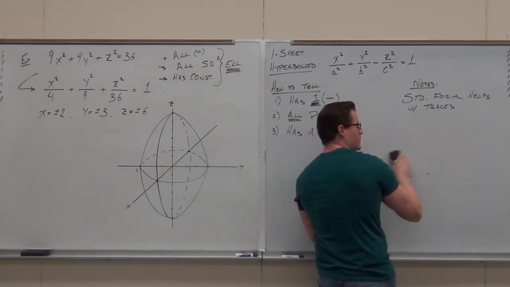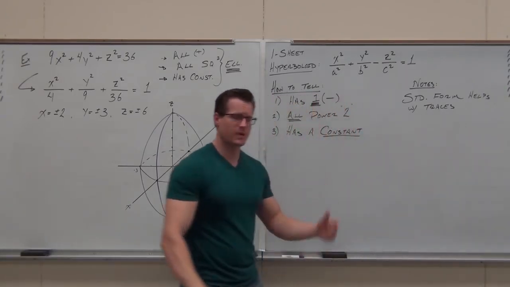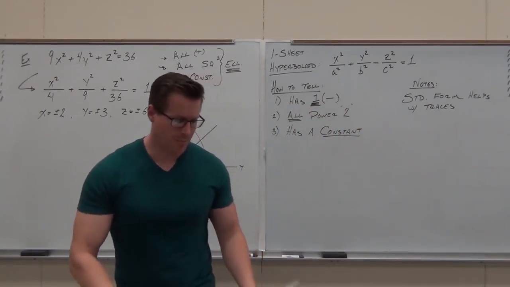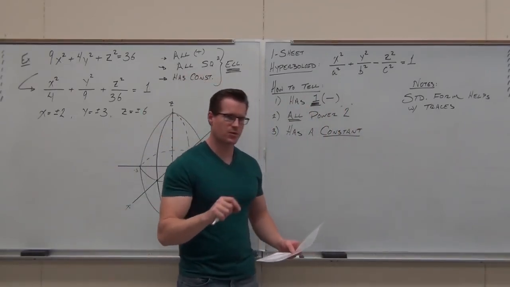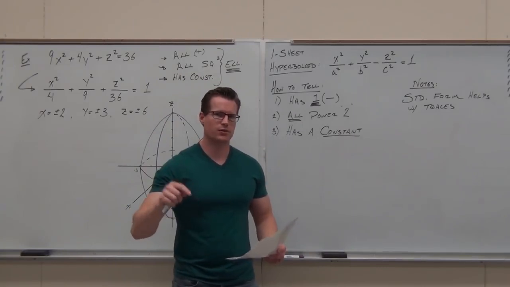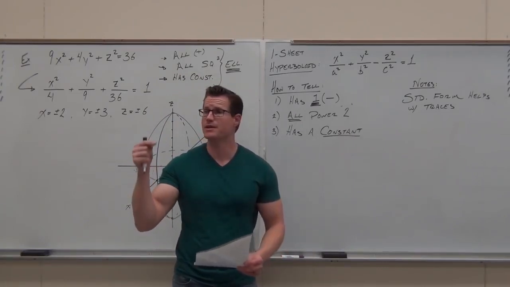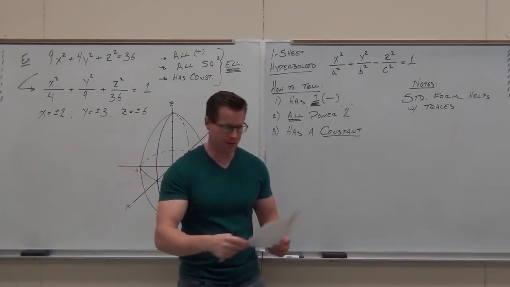Again, standard form helps with the traces, but here's the main notes for this. Number 1, the one-sheet hyperboloid always travels along the axis with the negative, or minus, if you want to think about it that way.